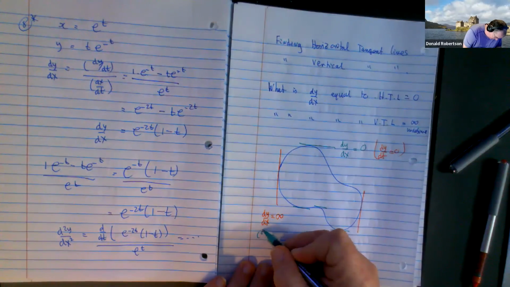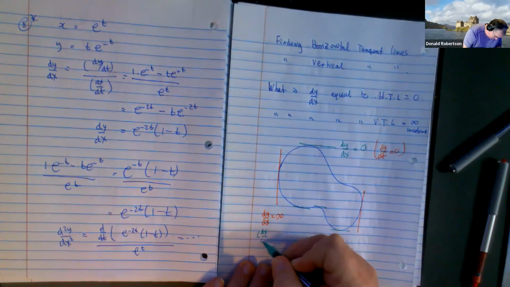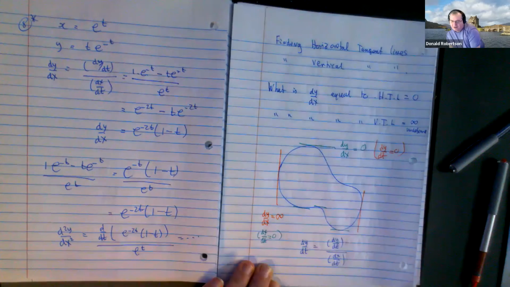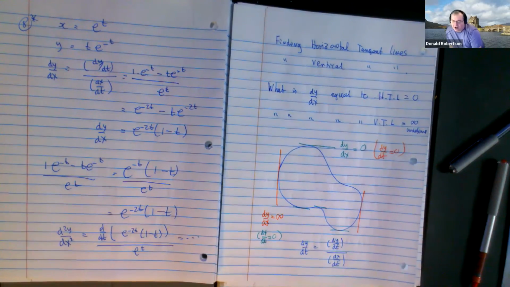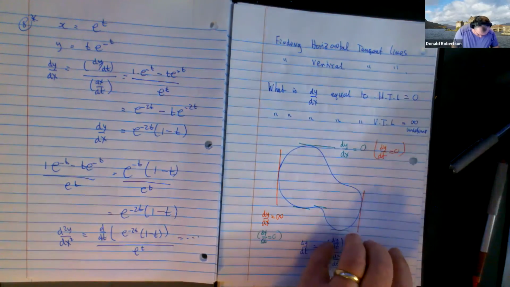Isn't there a nice kind of symmetry about that? That horizontal tangent lines happen when dy by dt is equal to 0, and vertical tangent lines happen when dx by dt is 0, right? So let's put this into effect.